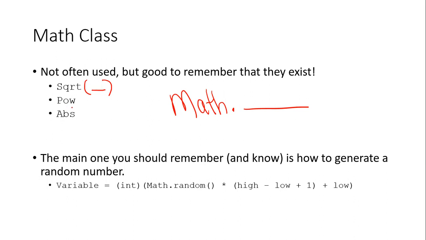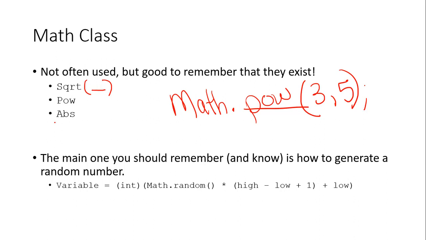Pow is your ability to do powers. So if I want to do, let's say, 3 to the 5th, I could go Math dot pow, and then the base, comma, the exponent that I wanted to go to. Okay? And then abs is for your absolute value. Sometimes that's useful, especially if you're trying to find a distance between 2 numbers. That could sometimes be very useful.